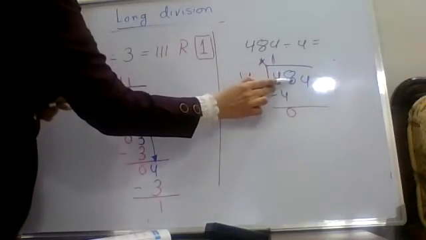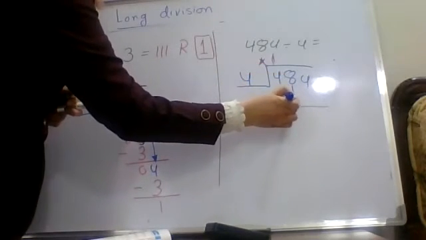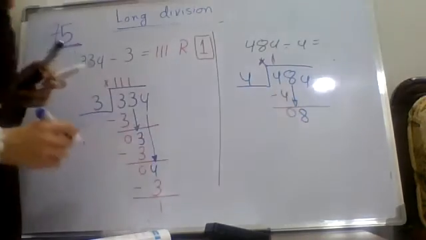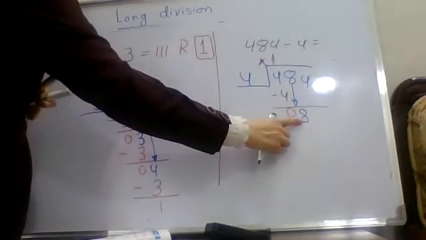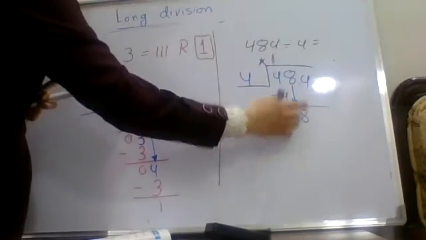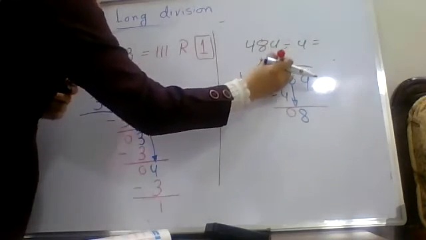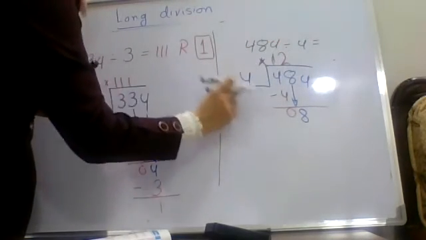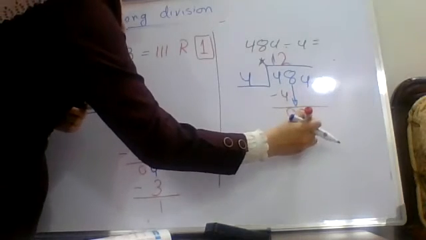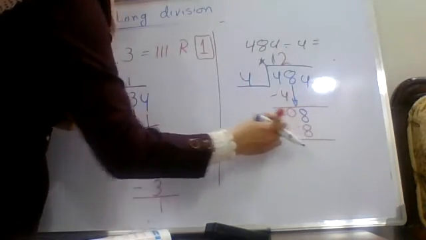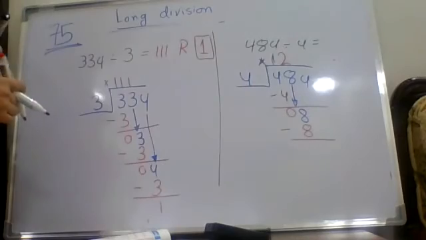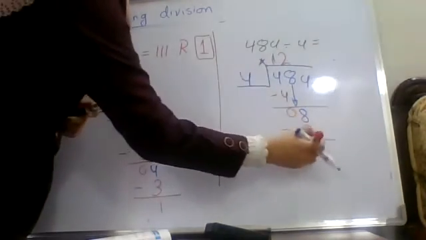I check the second number, which is 8. Write 8 down here. How many 4 inside this 8? I have 2 4s. So I write 2. 2 times 4 equals 8. Subtract them. 8 take away 8 equals 0.